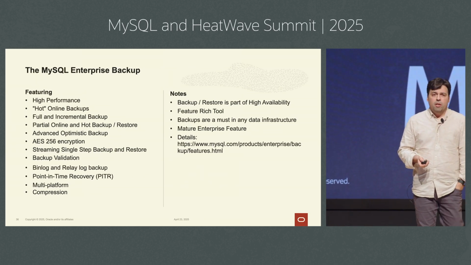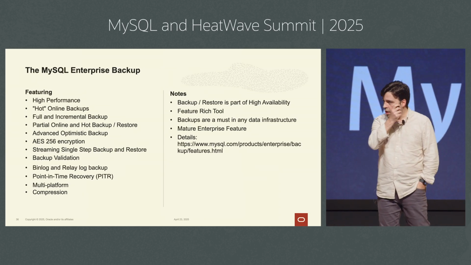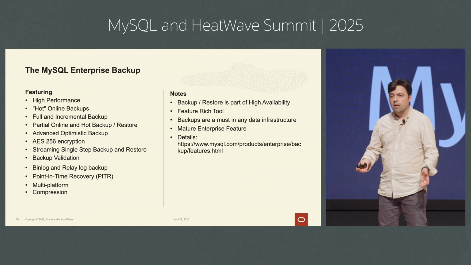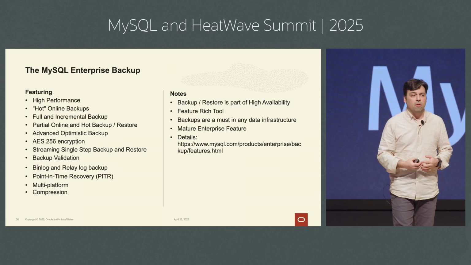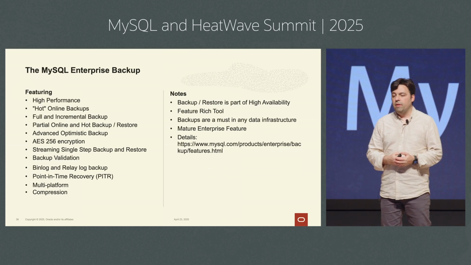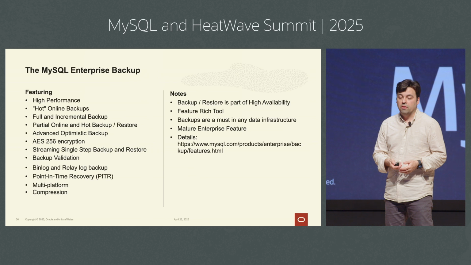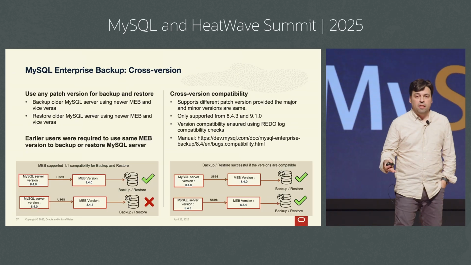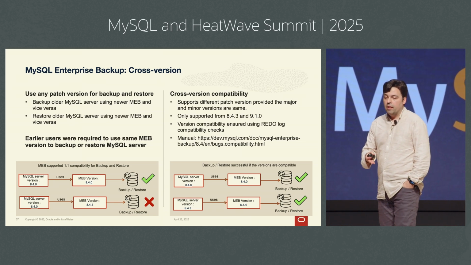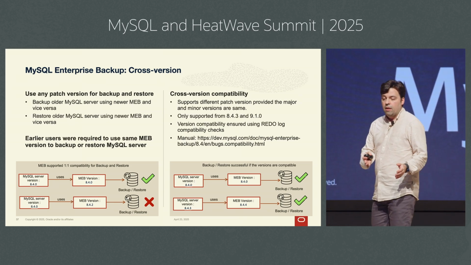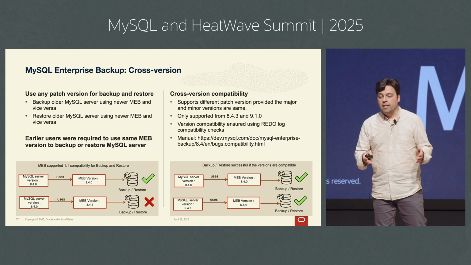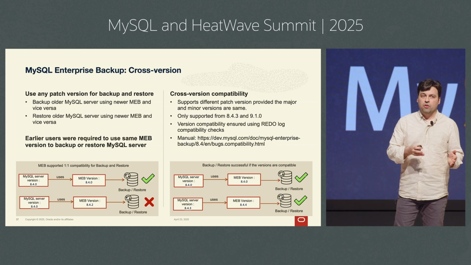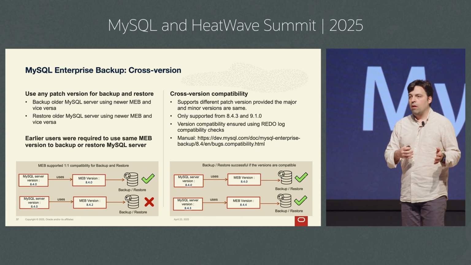And of course, when you talk about operations, I couldn't leave out MySQL Enterprise Backup, because it's a very useful tool to take backups, restore, and seed new instances in a replication topology, and it comes with a lot of features on its own. But one interesting thing that might facilitate operations is that starting on 8.4.3, I think, as stated in the slide, we can use MySQL Enterprise Backup across different versions.